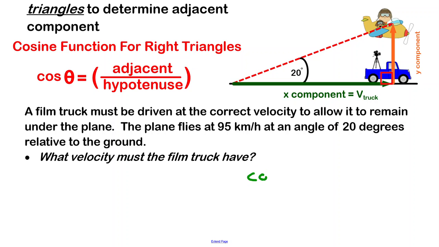So really we would say cosine of the angle is equal to, well, what is adjacent? Adjacent is velocity in the x direction, or velocity of the truck, divided by the hypotenuse, and the hypotenuse is our resultant vector, so we call that r.